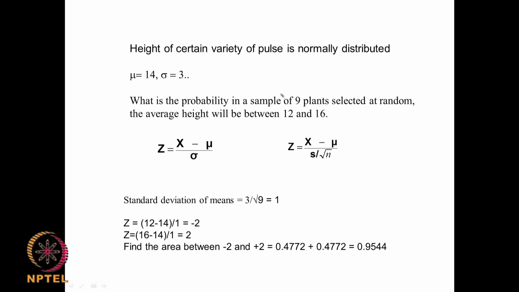What will be the statistic? You remember this, Z is equal to x minus mu by sigma. Now, this sigma we do not know, but we know only the standard deviation of these samples. So, instead of sigma we need to substitute S divided by square root of n, as in the previous equation.